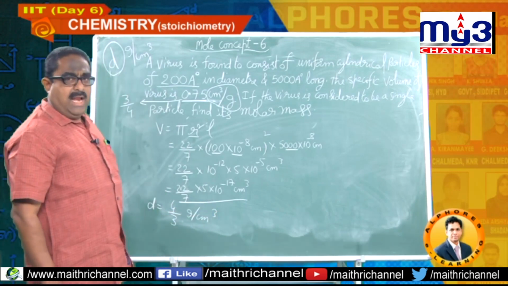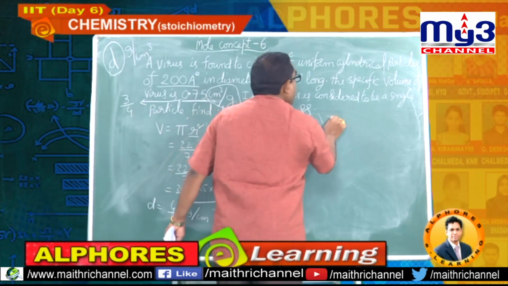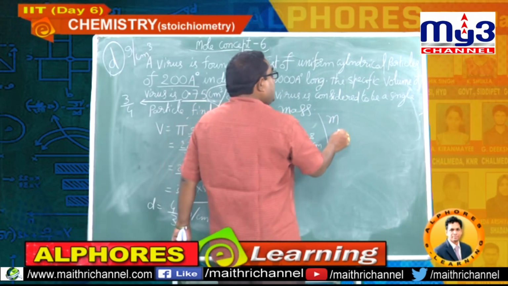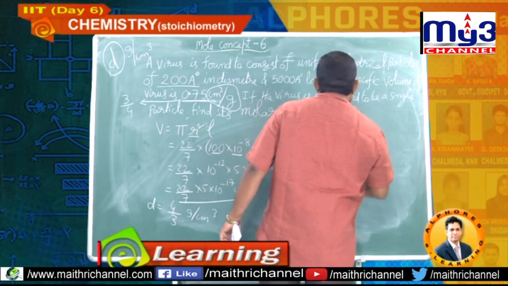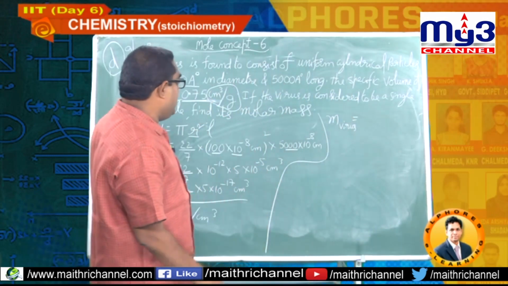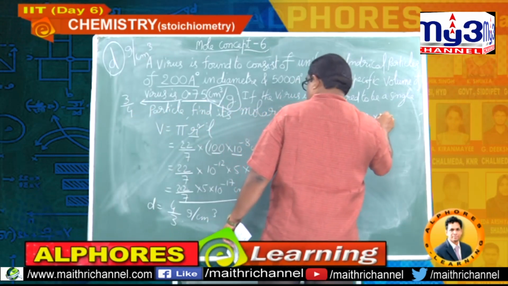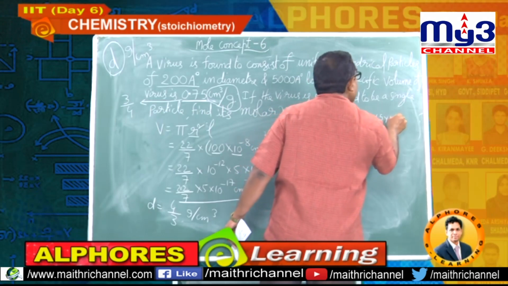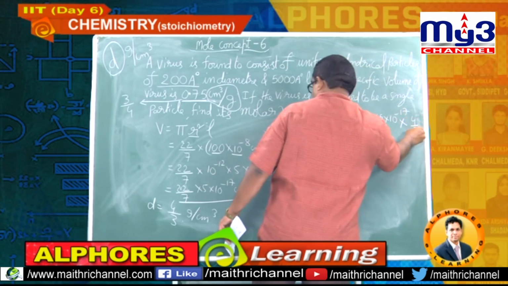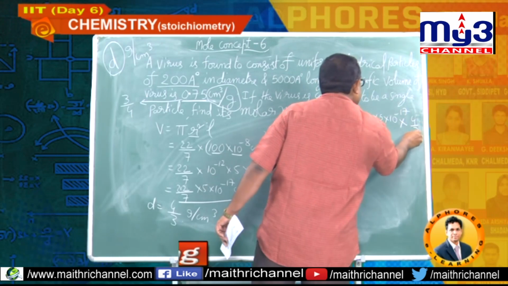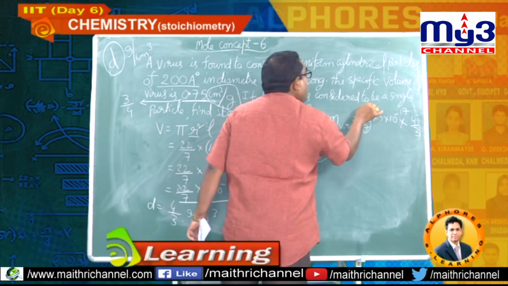Now, we can calculate the mass of the cylindrical virus particle. Mass, simply I am writing m. So, mass of one virus particle: density is mass by volume, so volume into density. Volume 22 by 7 into 5 into 10 power minus 17, students, write down, into 4 by 3. 22 by 7, simply 3.14.